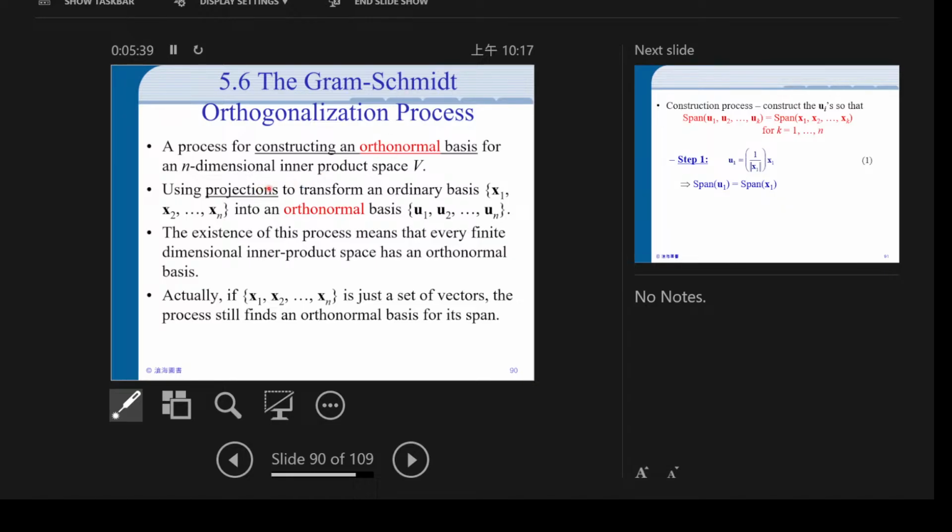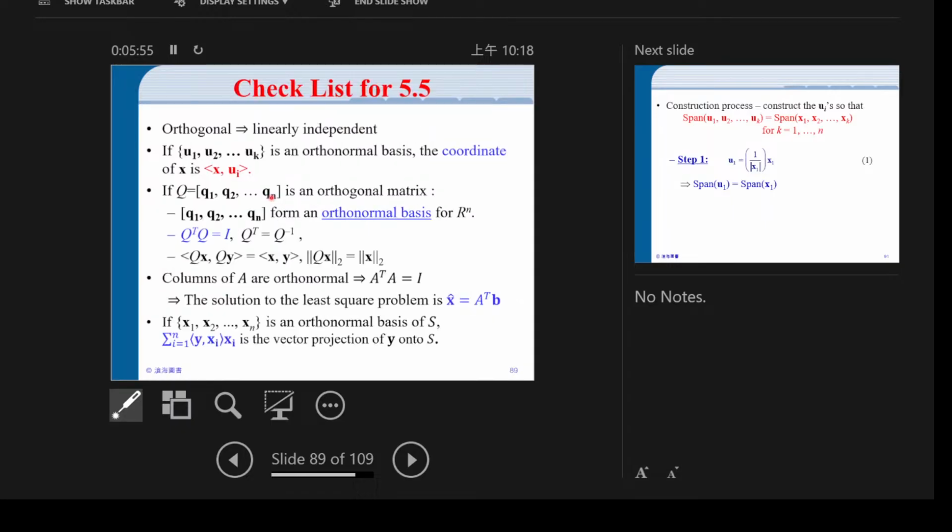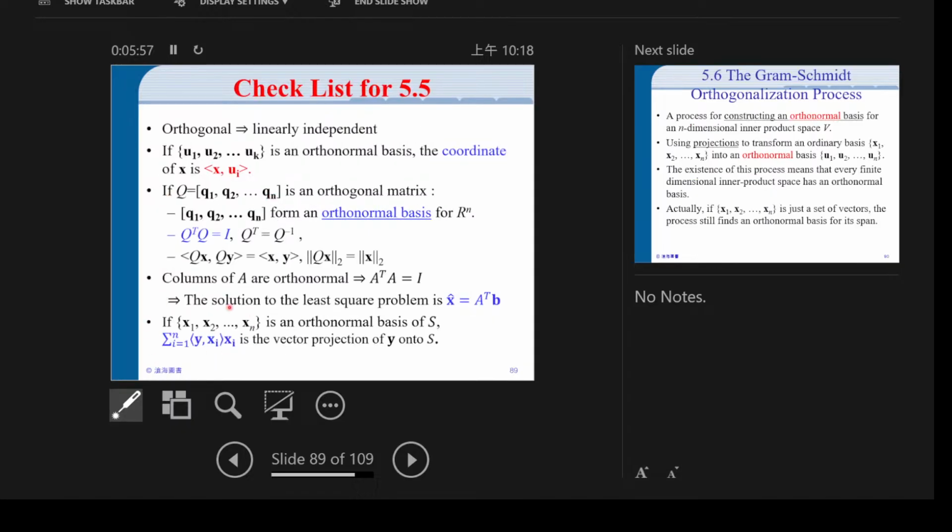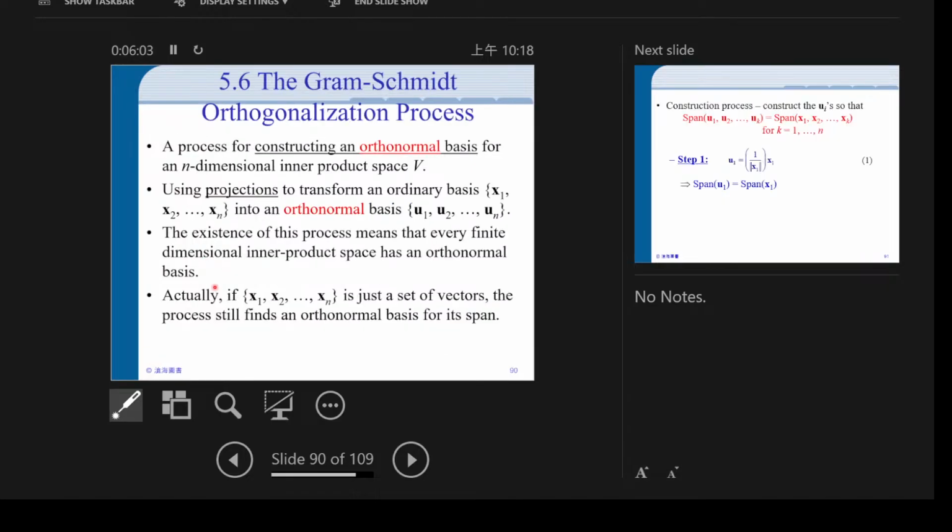Our process starts halfway, so we already have a basis for our space. Then we turn our basis into an orthonormal basis. We use this projection rule repeatedly to turn whatever basis we have into an orthonormal basis.